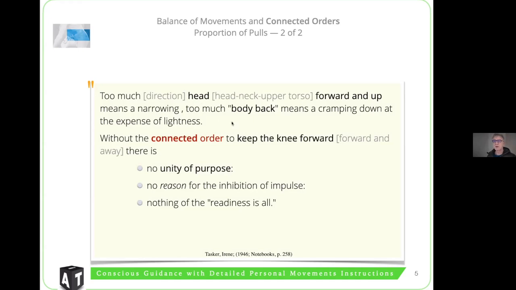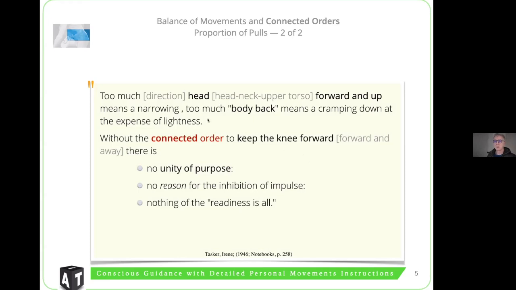The second one was back, or very often Alexander used the term body to mean the torso. So body back, yes. And the third one was knees forward and away. Apparently, she's dispensing with the adverb away. It's very strange because when I read Alexander, it's always knees forward and away.